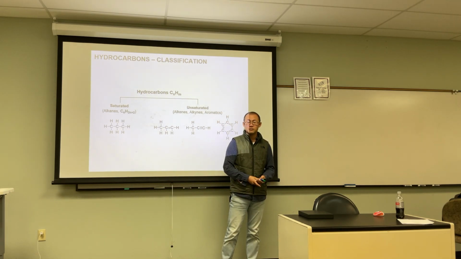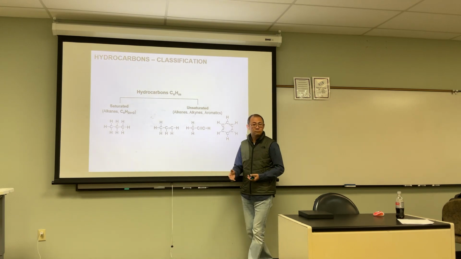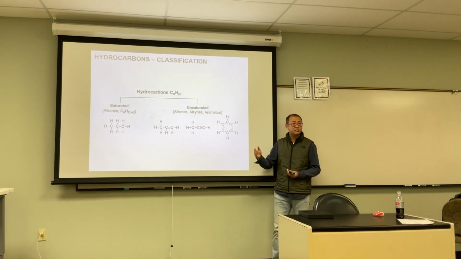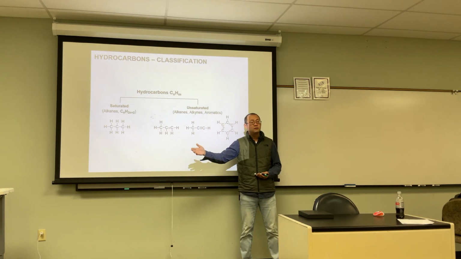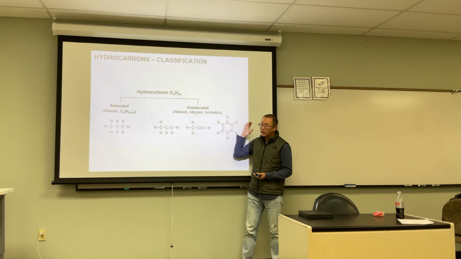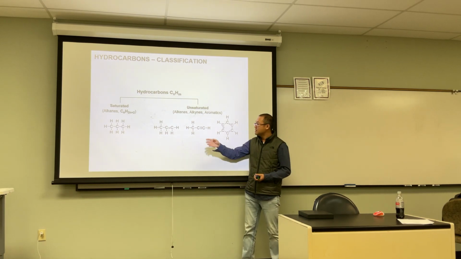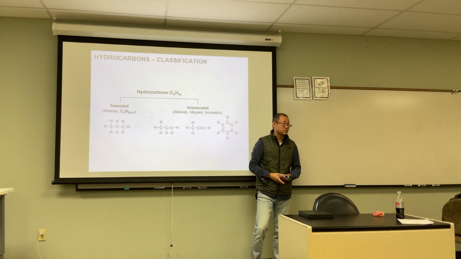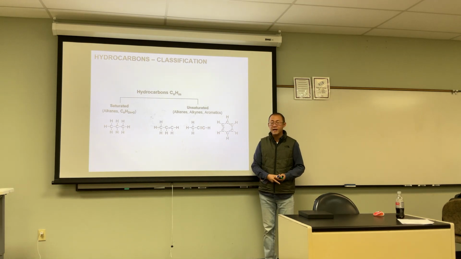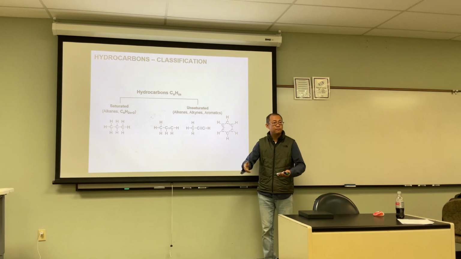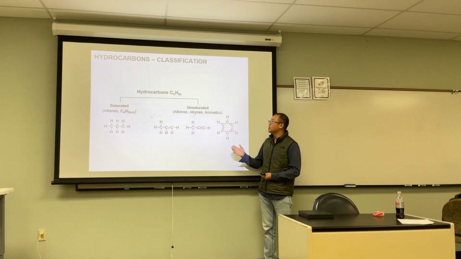Okay, saturated hydrocarbons. This chapter, we're going to study 3 types, focusing on this type, of course. 3 types of hydrocarbons containing CC multiple bonds. Mainly CC double bond and CC triple bonds. And very special types of unsaturated hydrocarbons called aromatics.